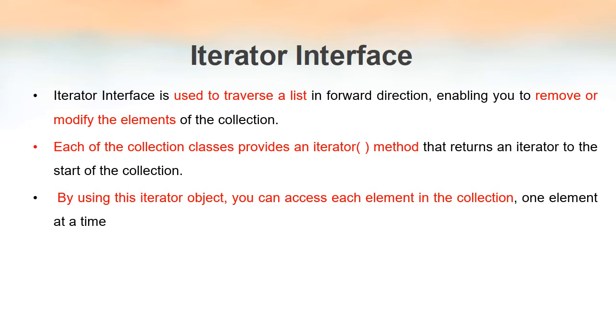In all these classes there is a method named iterator. This method returns an Iterator interface object. By using that object, we can traverse the list, which means we can access each element one by one. We can modify or remove the elements from the list, etc.